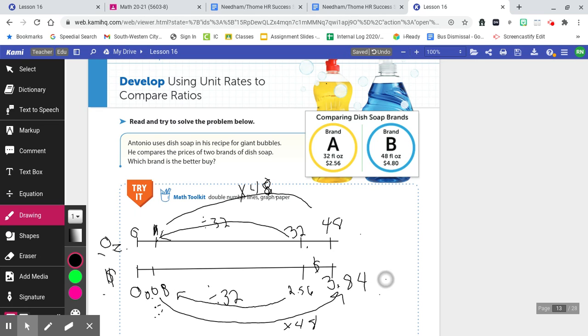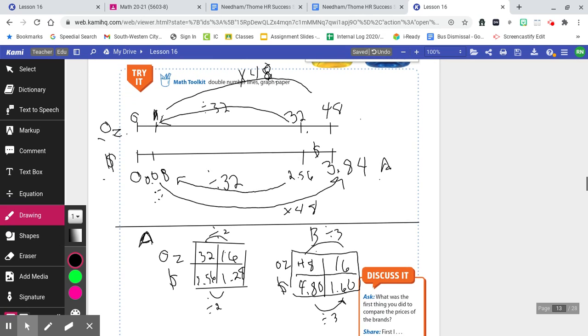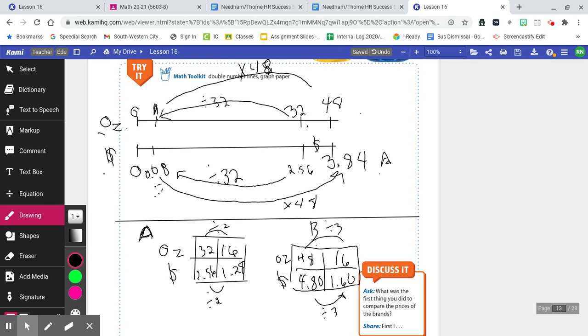So now, which one is cheaper? If A was $3.84 and B is $4.80, obviously A is the better buy. Another way you could have done it is as a table. And you could have figured out that both 48 and 32 have a factor of 16. So if you knew that fact, you could have just made a table, my ounces in money. 32 ounces cost me $2.56, but if I divided it by 2, I got 16 for $1.28.